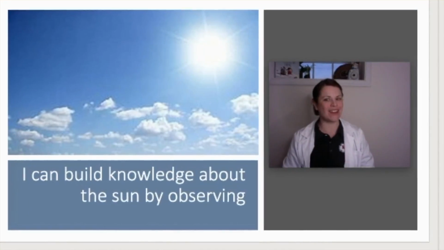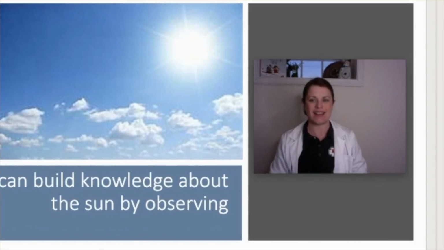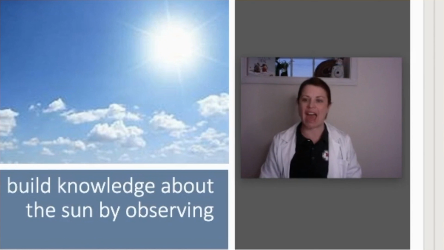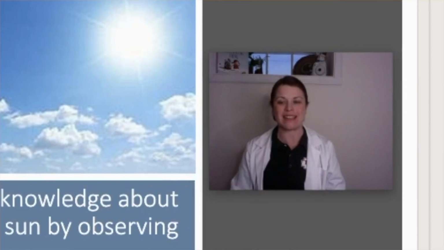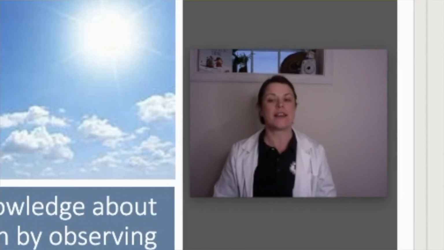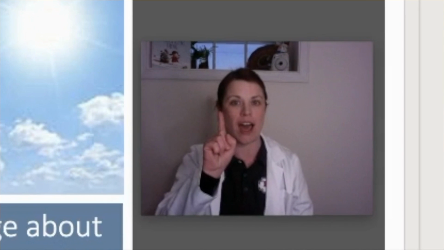Today, we are going to build our knowledge on the role of the sun. Specifically, that is a really big word that means one part. Specifically, we are going to look at just one part of the role of the sun here on Earth.